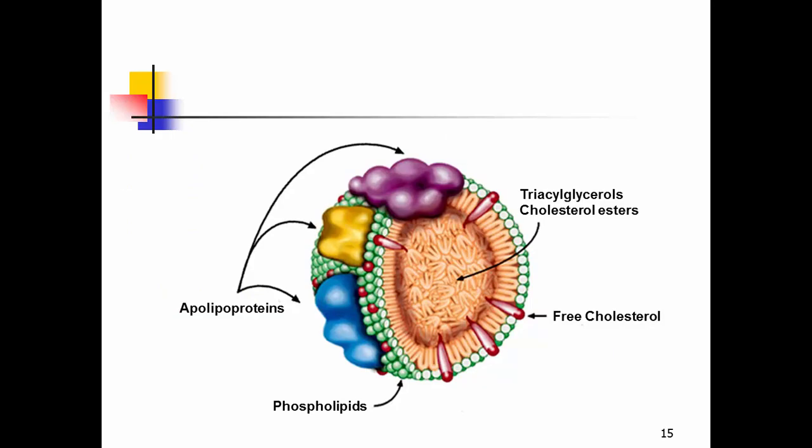So this gives you a better view of what a lipoprotein looks like. Again, similar to a ball, the inside core contains the lipids, basically triglyceride and cholesterol esters. Free cholesterol is located on the surface, in the phospholipid layer, and also on the surface of the lipoprotein there are different types of apoproteins.